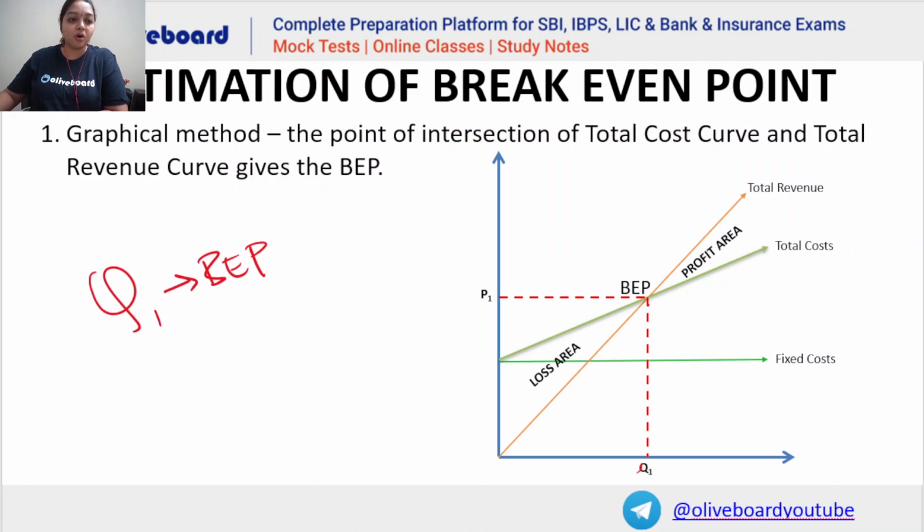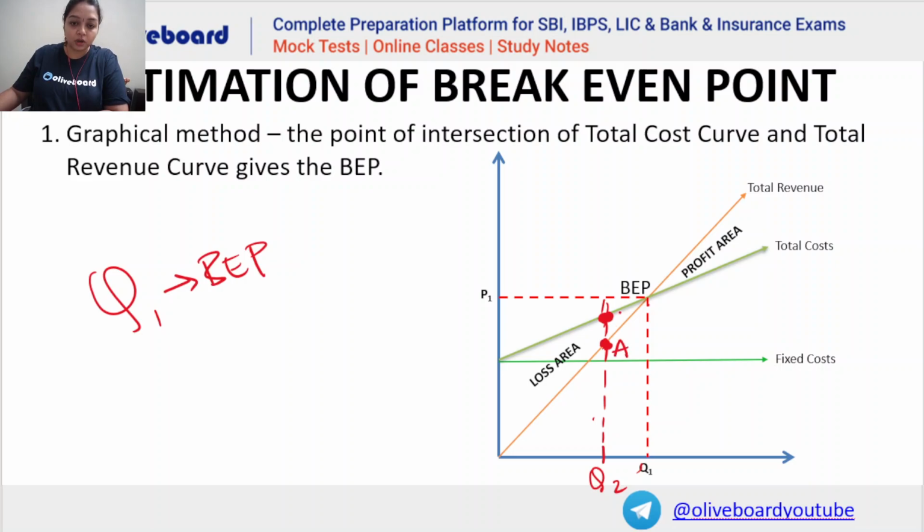Now what is the profit area and loss area? Let us take an example. Let us say Q2, right? So here can you see this is Q2 at price P1. Can you see here total cost is this much, total revenue is this much.